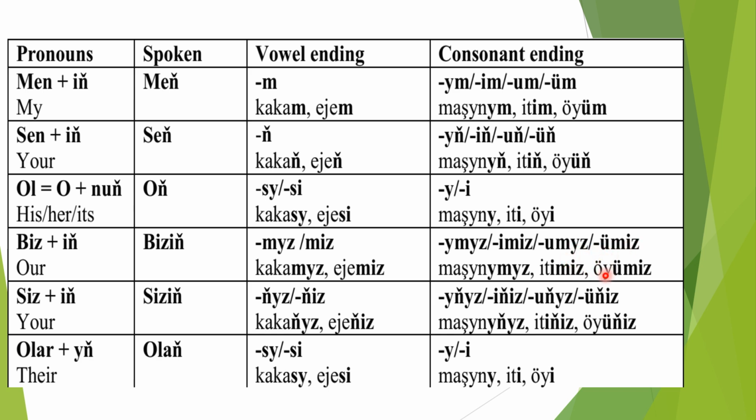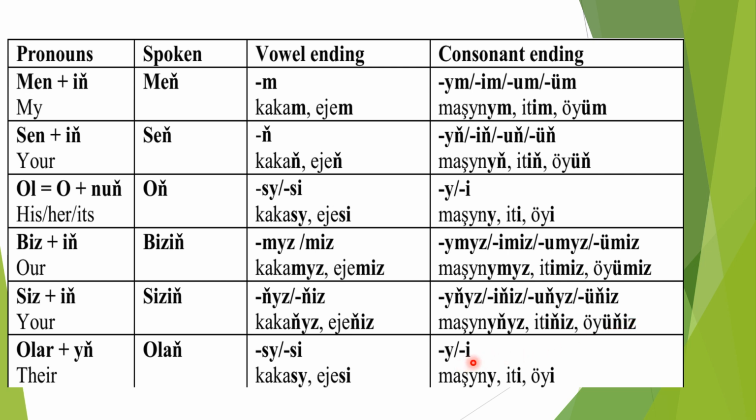Because the round vowel in the first syllable and the ü in the second syllable are round, but in the third syllable we cannot write a round vowel. Öýümüz. But when I read, I make my lips round because it's easier for me to read it as öýümüz, but we cannot write round vowels in the third syllable. If you remember, we studied this in the previous classes. Öýümüz, maşynymyz, itimiz. Here, siziň: maşynyňyz, itiňiz, öýüňiz.